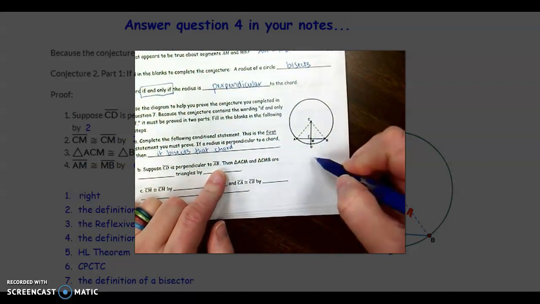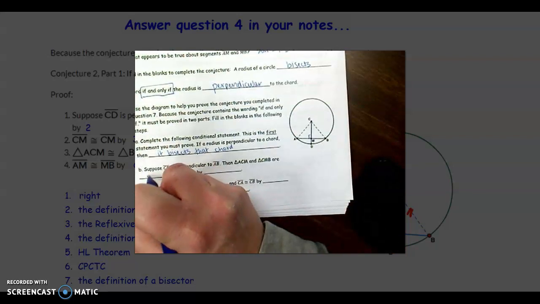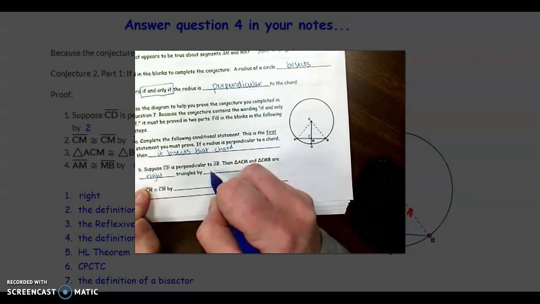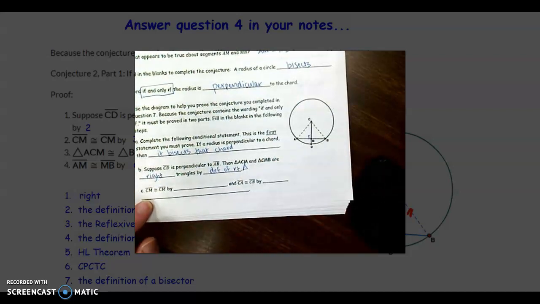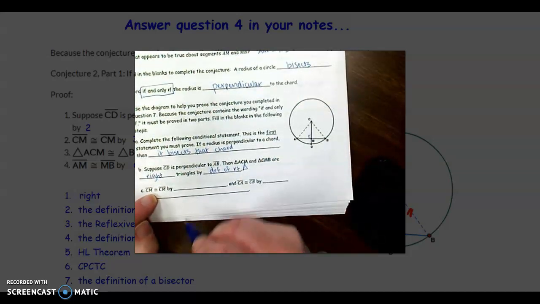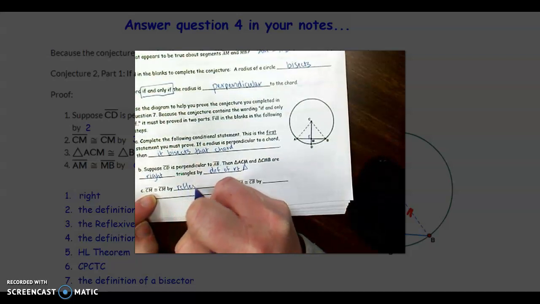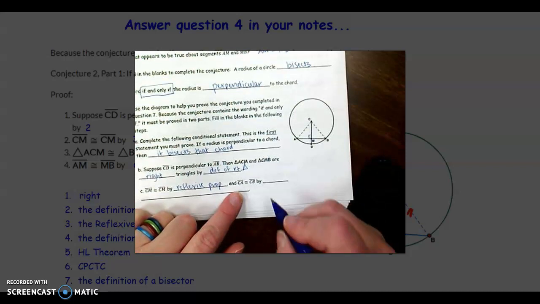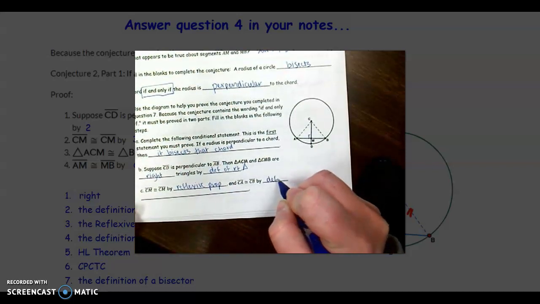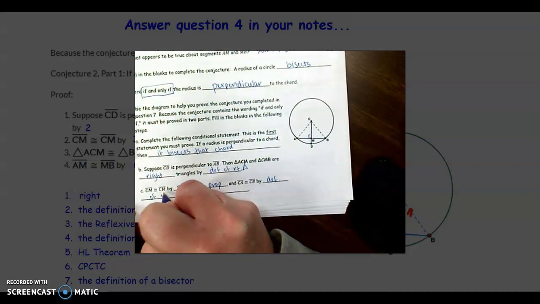That created right angles, so we knew these two triangles were right triangles by the definition of what a right triangle is. We knew CM and CM are congruent by the reflexive property. And CA and CB were congruent by the definition of a circle. Those were radii of that circle.